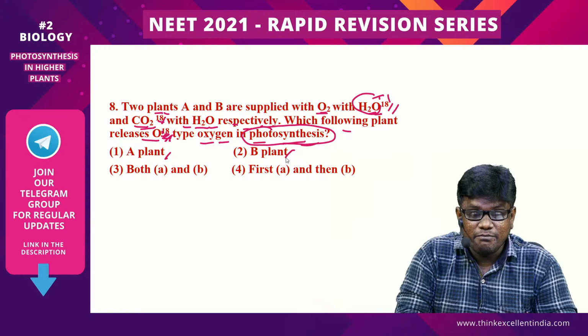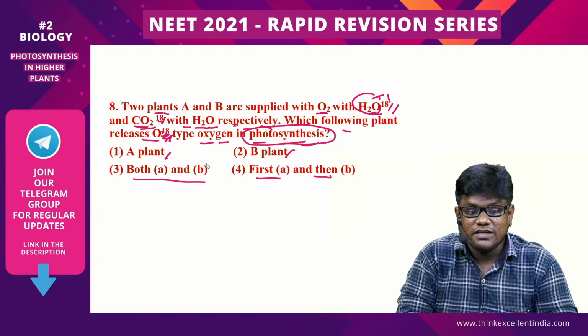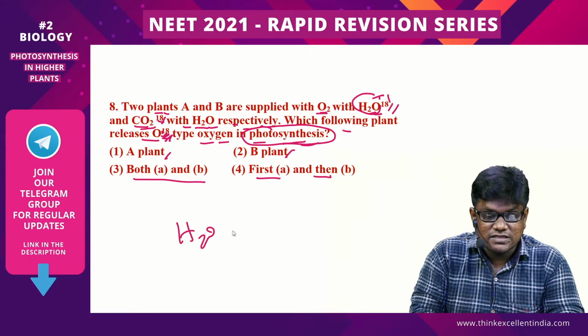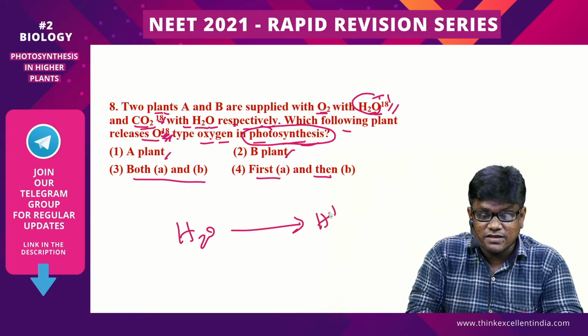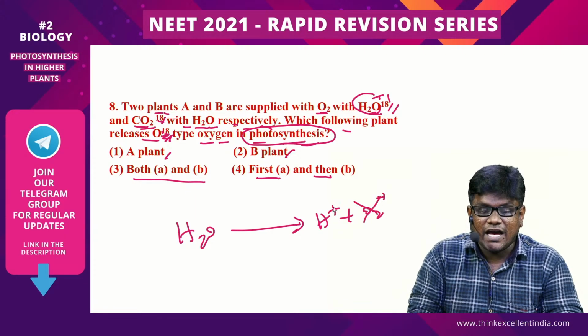A plant, B plant, first A, then B, and both A, B plants. Here in photosynthesis the information, the H plus ions and O2 are separate, and the information is carried forward.